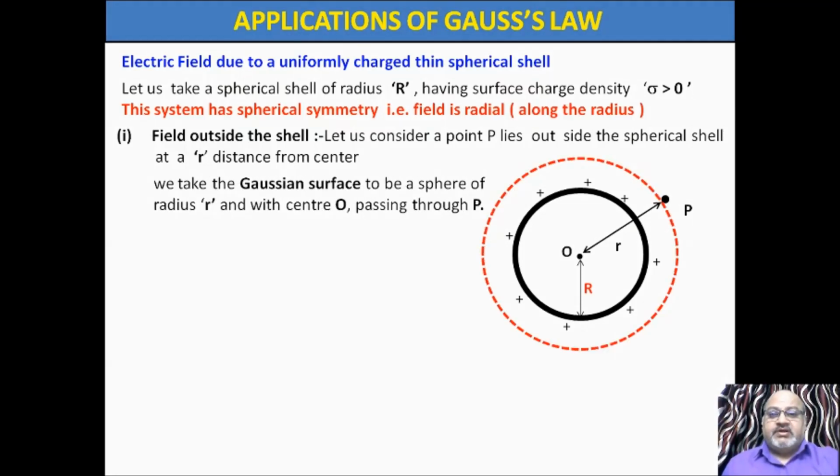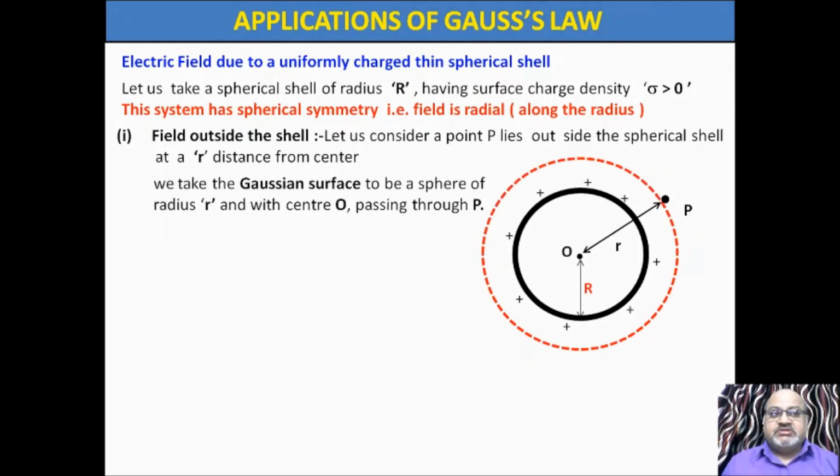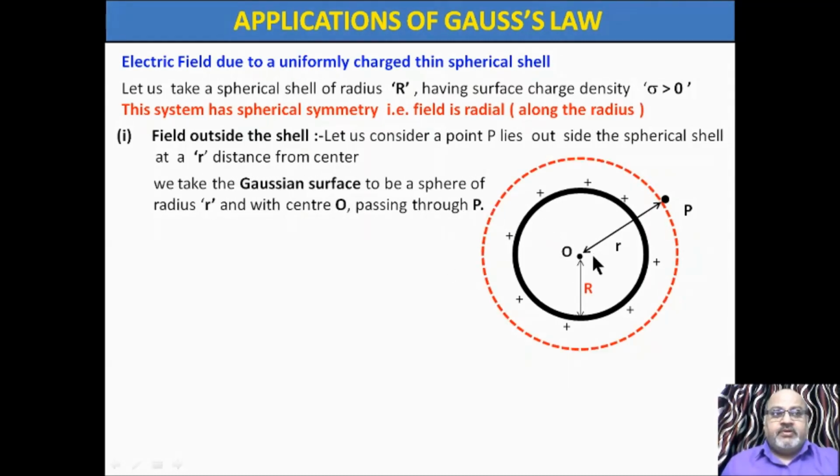Now, what is the procedure? We take a Gaussian surface. Here symmetry is spherical, so we take a spherical Gaussian surface, of radius small r having the same center O, passing through point P. This red one is a spherical Gaussian surface and I have shown it with a dotted line, because this is imaginary.